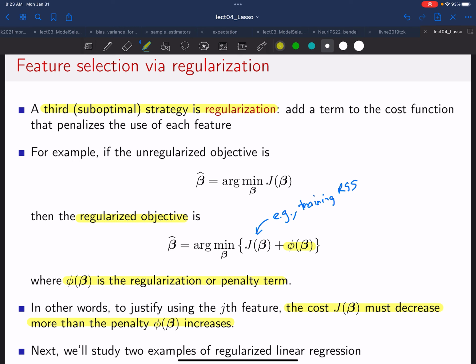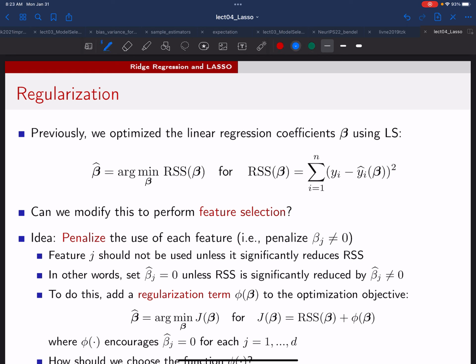All right, so let's focus on, I think a better title would be, regularized RSS. Okay, so we're going to focus on RSS.